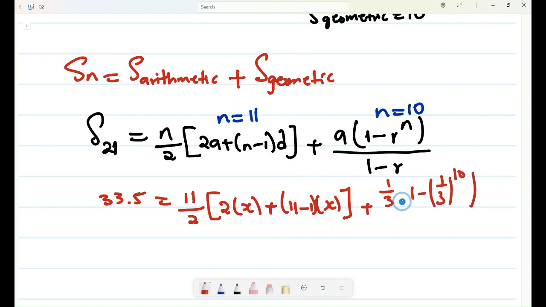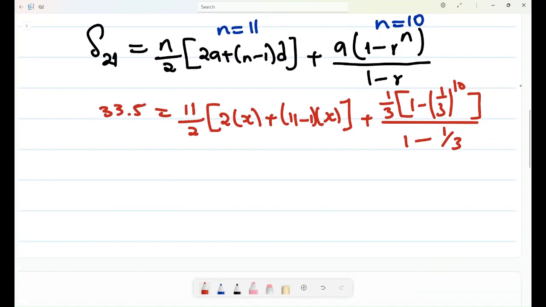I like doing this if I'm going to use a bracket inside. Divide by 1 minus 1/3. Now what I want to do is punch all of this on my calculator and see how much it gives me, to avoid a lot of mathematics.